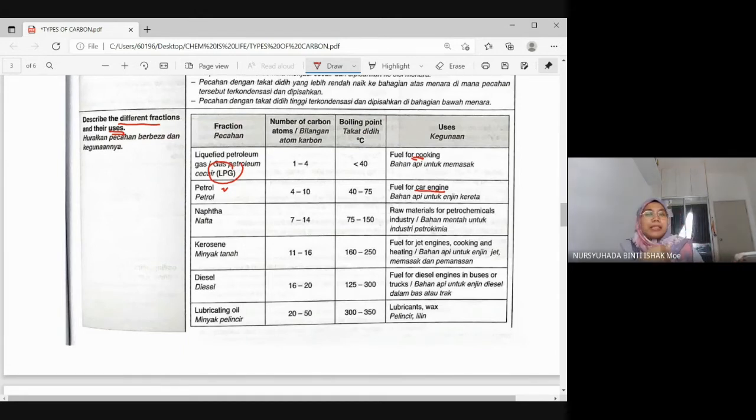Apa beza antara RON 95, RON 96? Harga. Betul, selain harga tu memang betul, Kimberly, harga tu makin lagi mahal. Selain daripada harga, apa yang membezakan? Kenapa yang mana mahal, Kimberly?